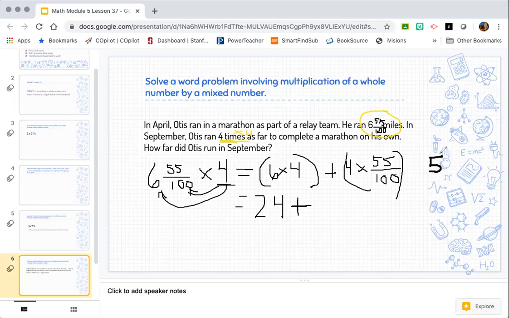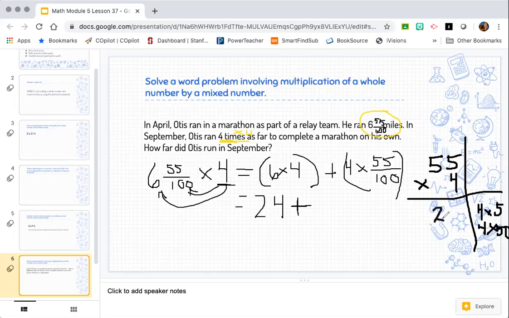You put the larger number on top, 55 times 4. First I need to multiply the 4 times the 5, and then I need to multiply 4 times, not 5, but 50, and add those together. 4 times 5 is 20.